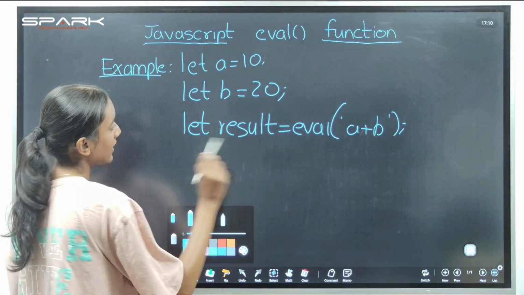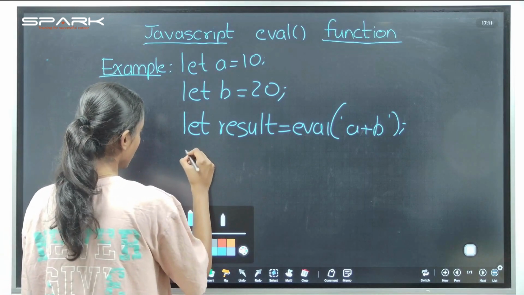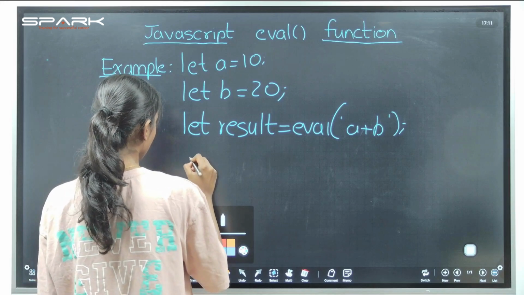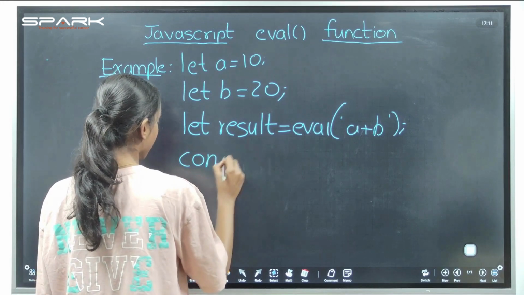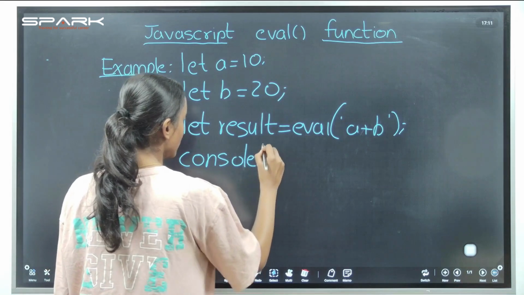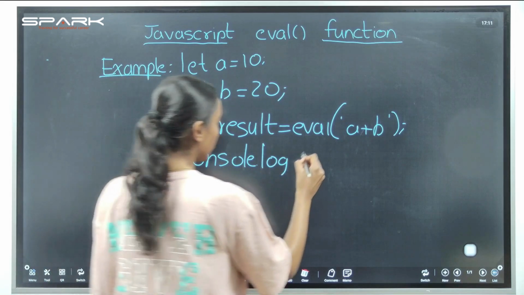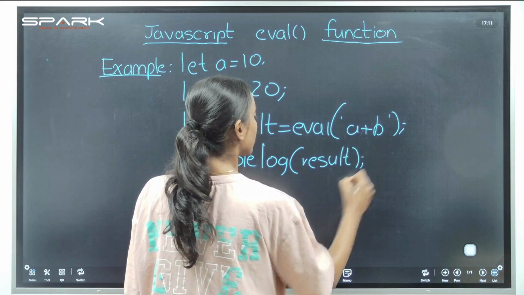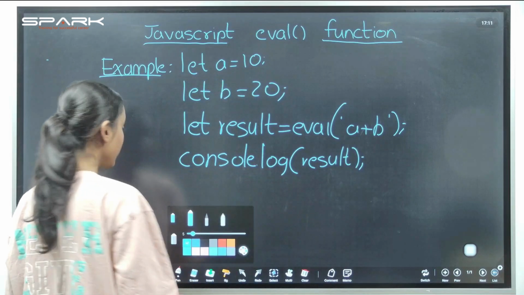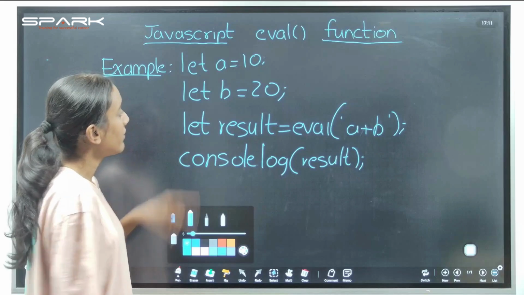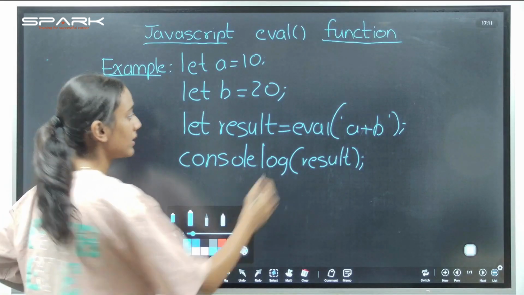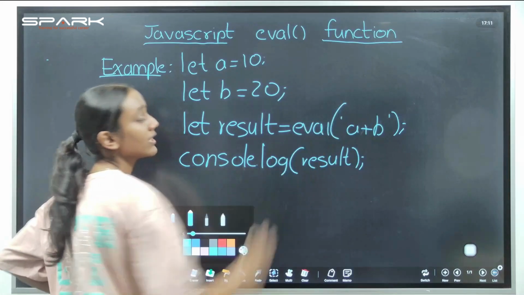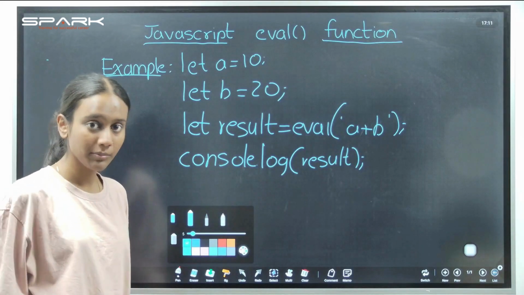Even now, if we pass it as a string, using console.log to give the output, the output will be, if we pass the variables in this string, this string is going to be executed as JavaScript code.